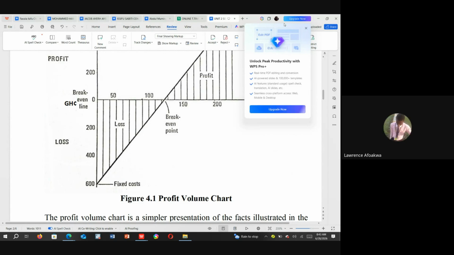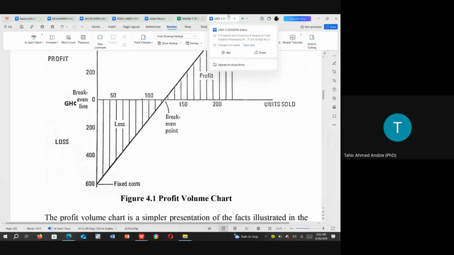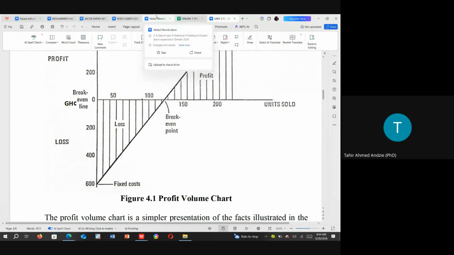Okay. So, 2 million. Sales is 2 million when it is 20,000. When it is 40,000, it will be how much? 4 million. Then 60,000 is 6 million. 80,000 is 8 million.